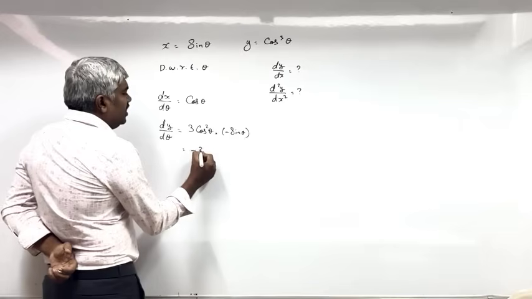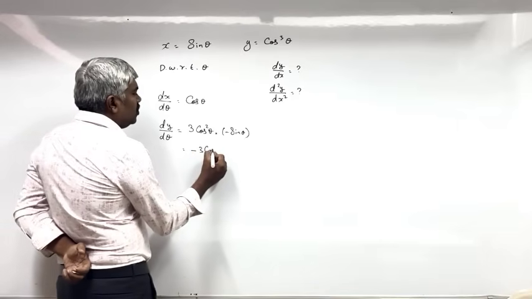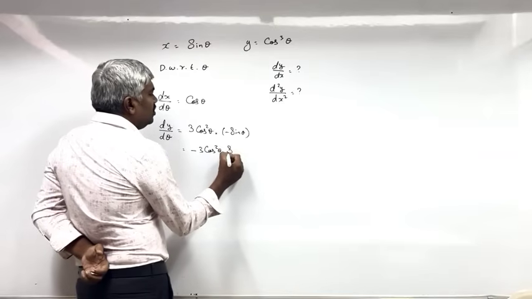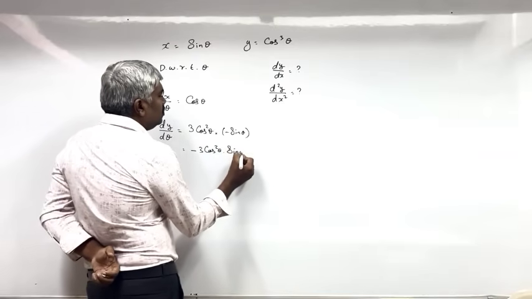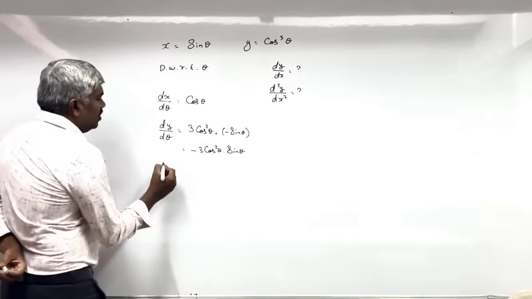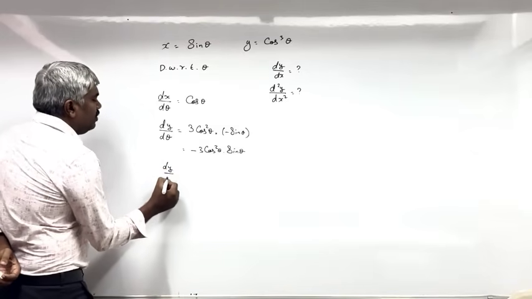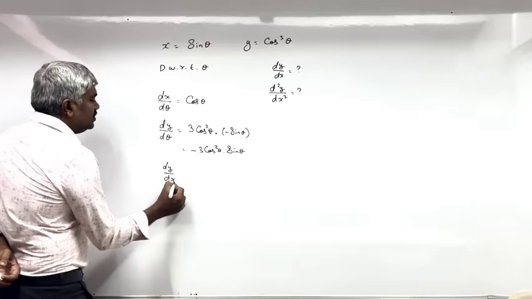So minus 3 cos square theta into sine theta.